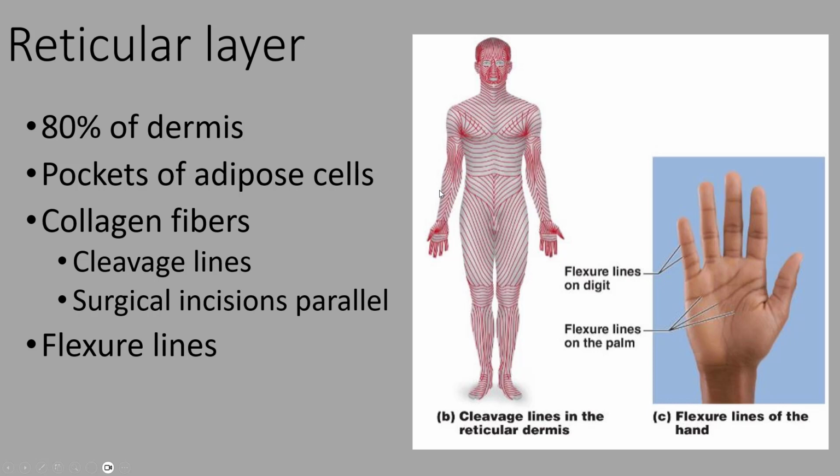But if we look at the bundles of collagen fibers, in the arms they run roughly up and down. Same in the legs, roughly up and down. Around the torso and chest, they form a ring around the body. There are some bends here and there, but they all tend to run those directions.